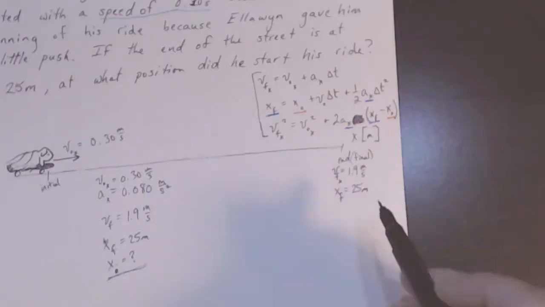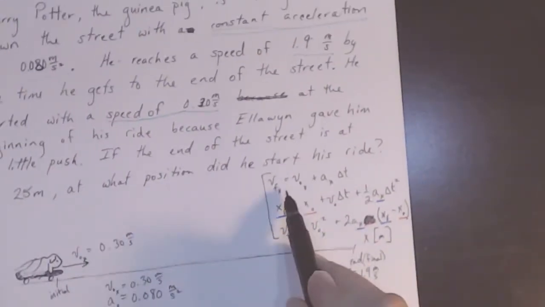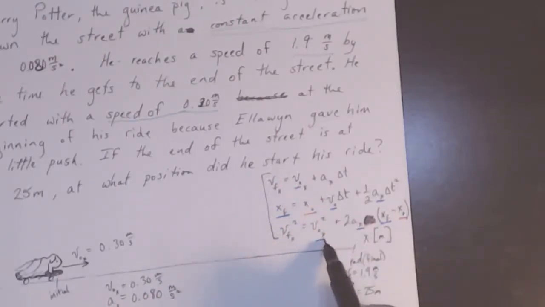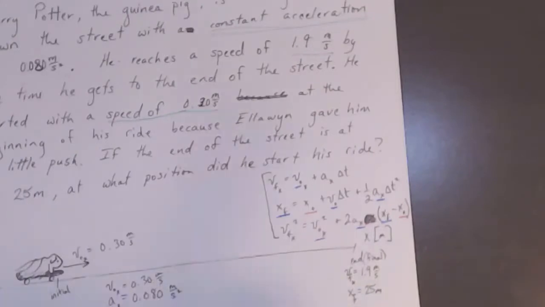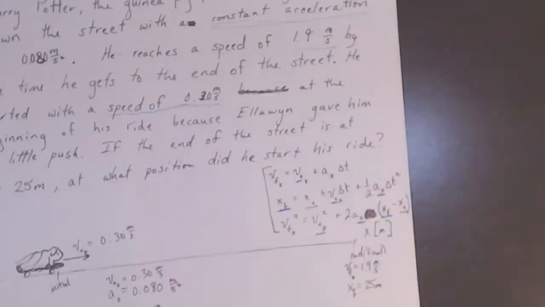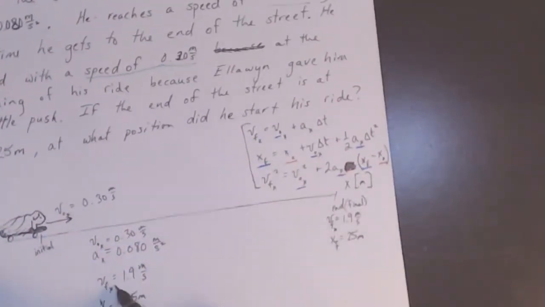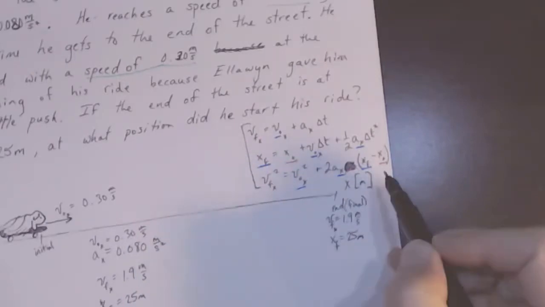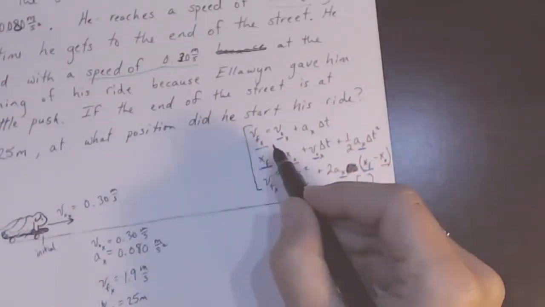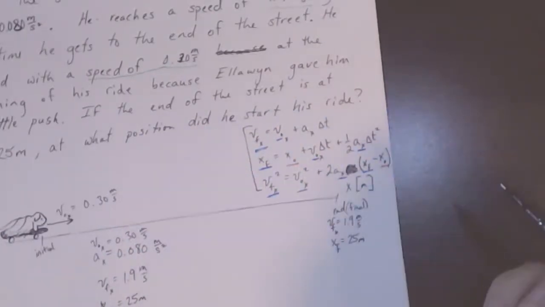I know that as well. So when I look up here, I've got v initial, v initial, v initial. And then v final x, I know it, so I'm going to go up here and underline those in blue. There's no final here, but there's a final there.